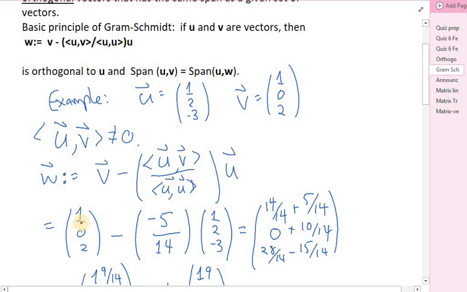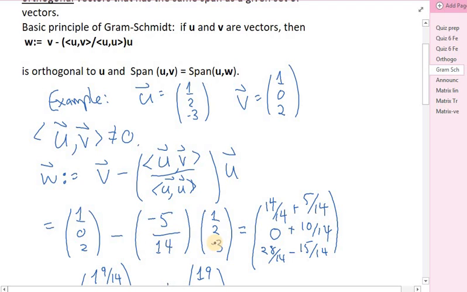I have to take the first component of v minus the first component here. So I'm going to put everything over a common denominator 14. So this 1 becomes a 14 over 14. And then the term from this vector becomes a plus 5 over 14 because of the minus here and the minus there. Here I have a 0 over 14, and then here I'm going to have a plus 10 over 14 from the second one. Then here I have 2. I'm going to convert that to 14ths. That's 28 over 14.